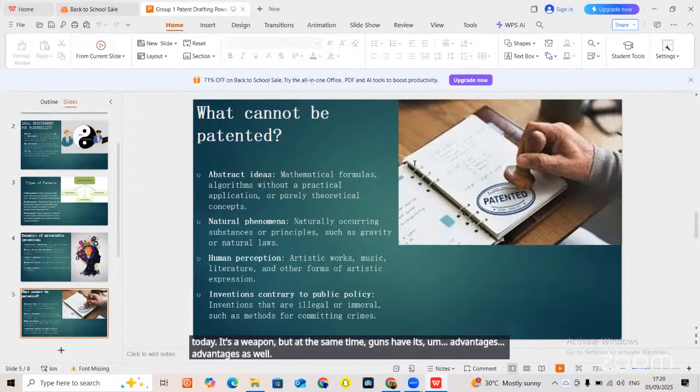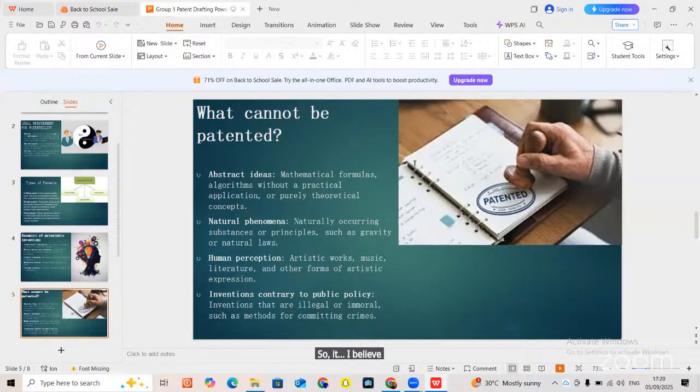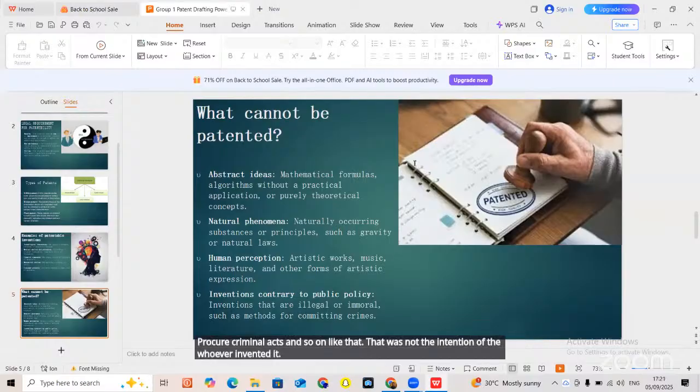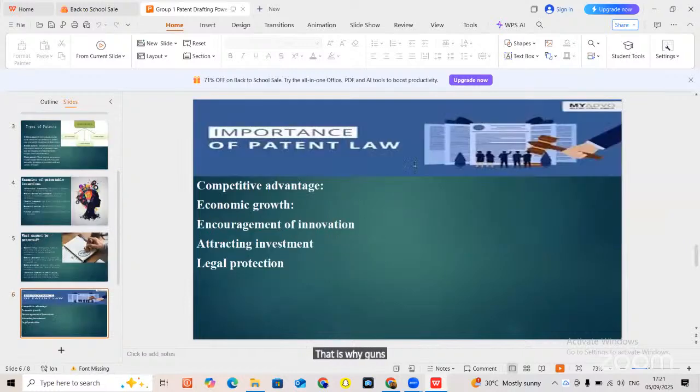So I believe it depends on the intention of whoever created it. We look at the mind of whoever invented the invention. If it can procure criminal acts, that was not the intention of whoever invented it. That is why guns can be patented, in my own opinion. You can apply for patents on guns.